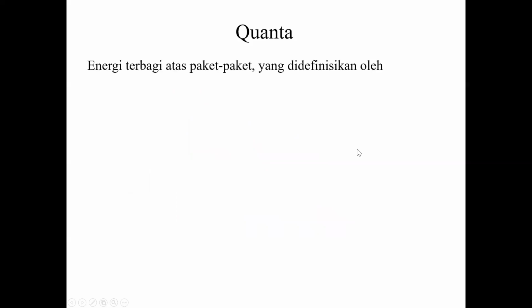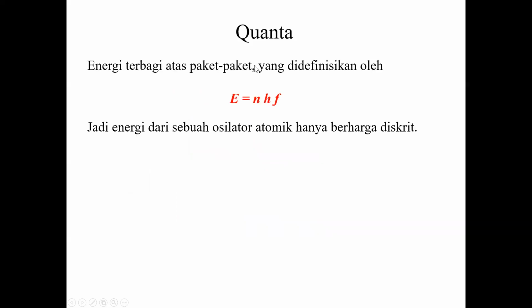What Planck introduced, which we later called quanta. Quanta means a package, an energy package. This energy package is proportional to its frequency. Somehow this oscillator is related to the atomic oscillator.